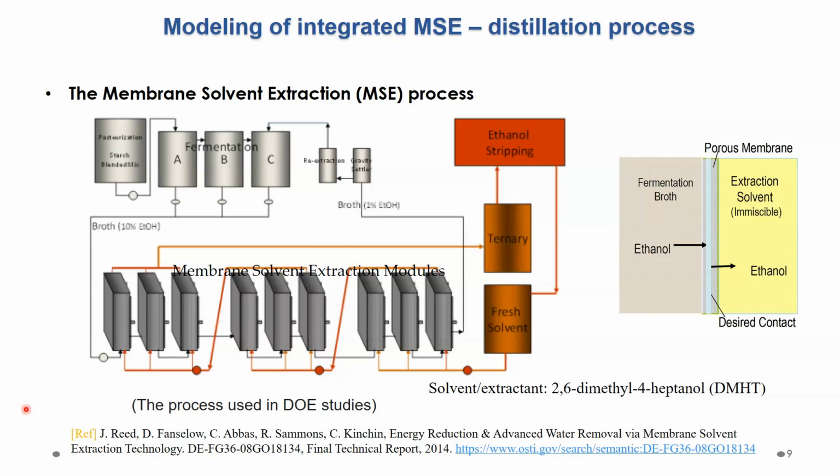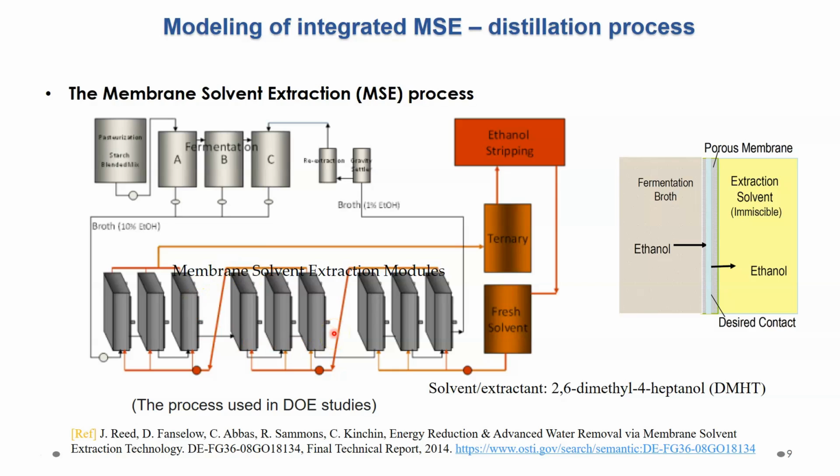This is a schematic of the MSE integrated process used in DOE studies. In the process, the feed starch enters the fermentation to be converted to glucose, then glucose to ethanol. The resulting broth, containing 10% ethanol, then enters the first one of the 9 membrane modules in series.